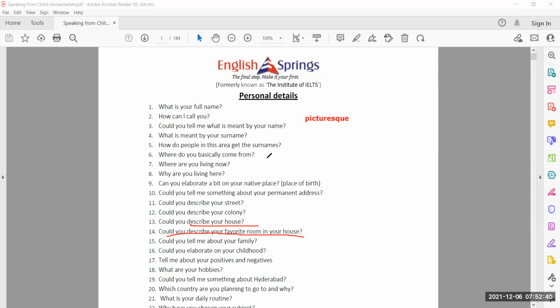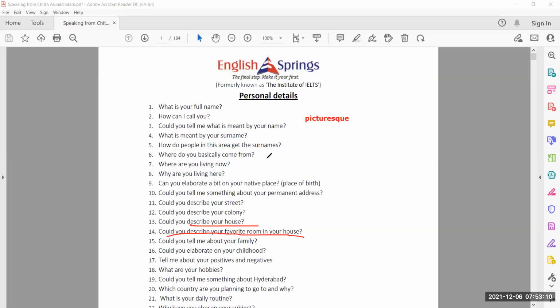It has a big balcony, and it is completely secured with fencing all the way around, so that it is safe for my kids to play. And also it has good ventilation. That's it from my end as of now.